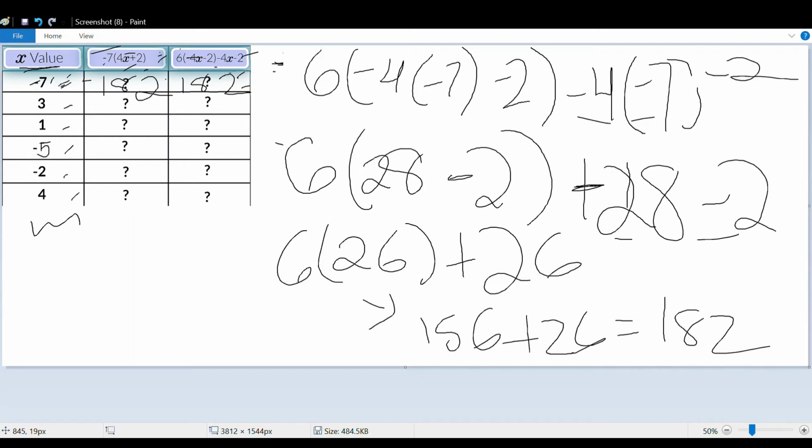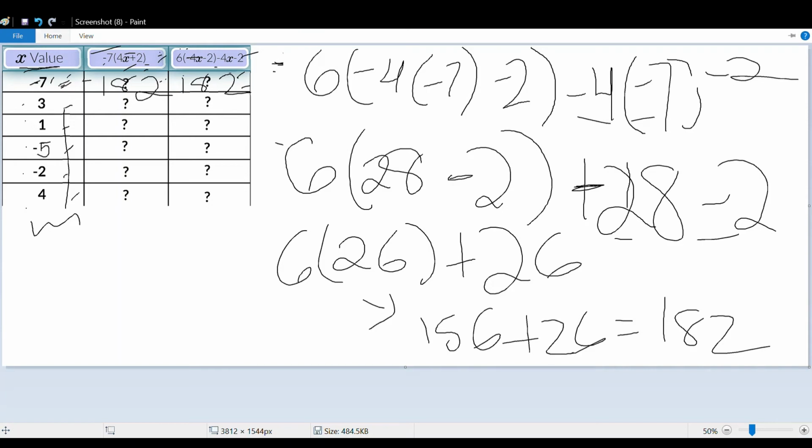They are equivalent equations. That is the root cause of the same answers. Now, if you put 3, 1, -5, -2, 4, all of these x values into two different looking equations, they will also give you the exact same answer for both of the equations.